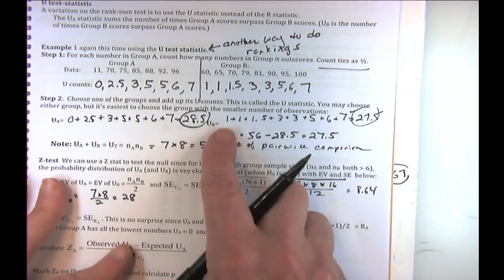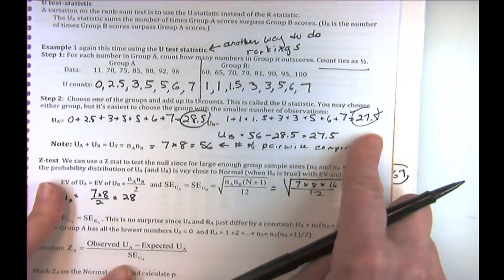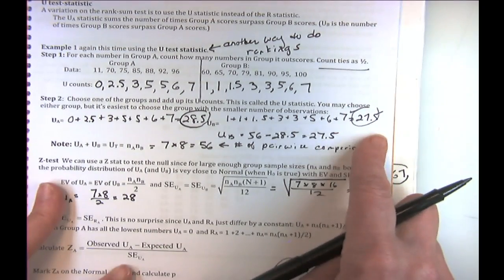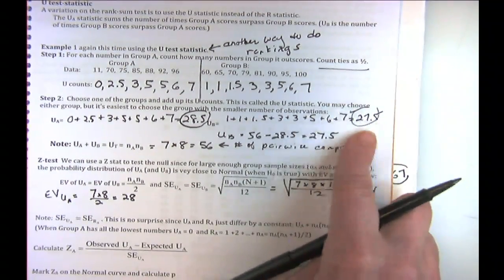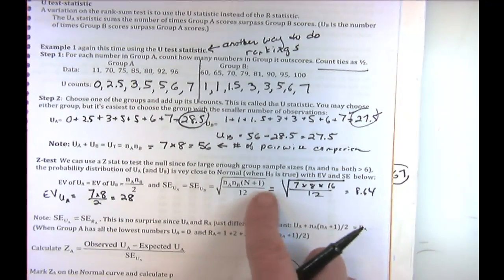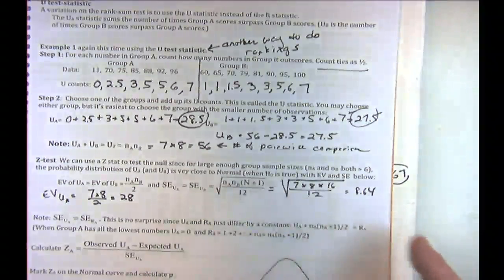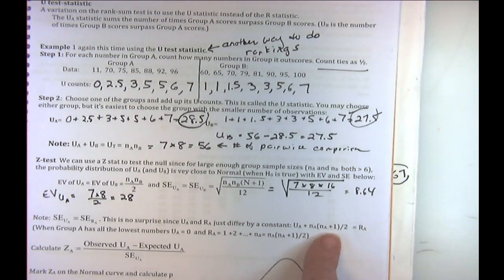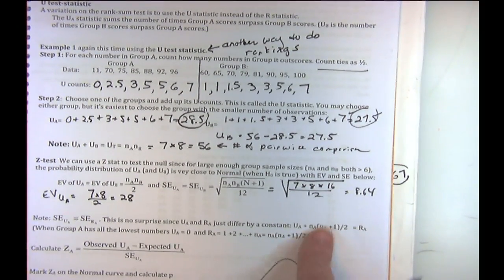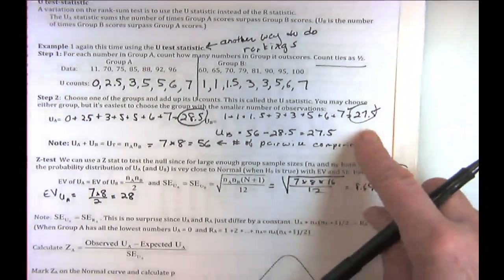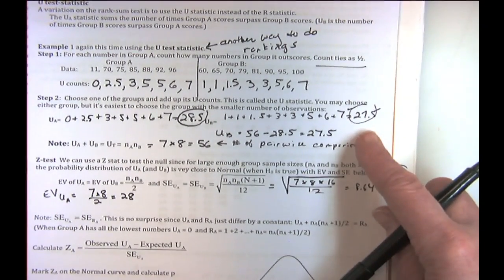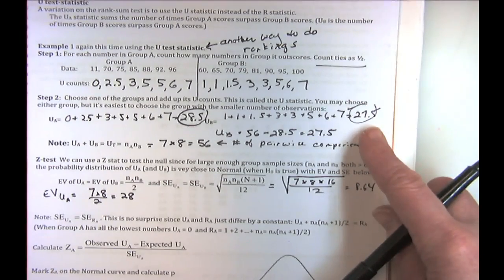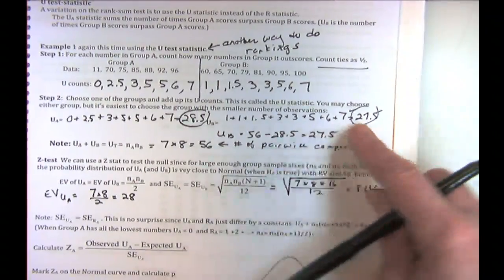And for the other group, you have 8 numbers here, right?